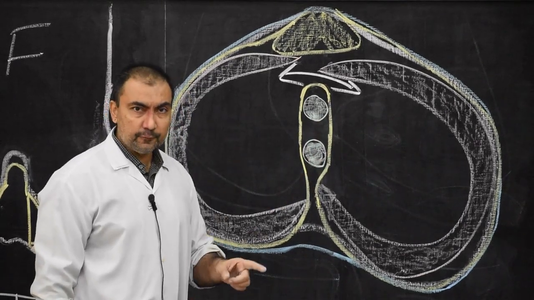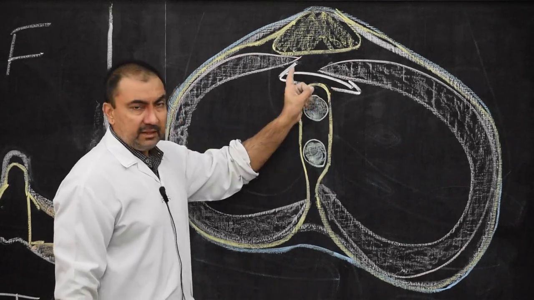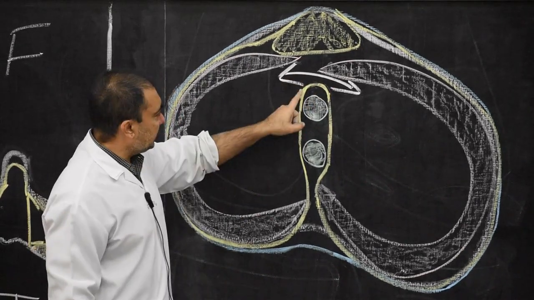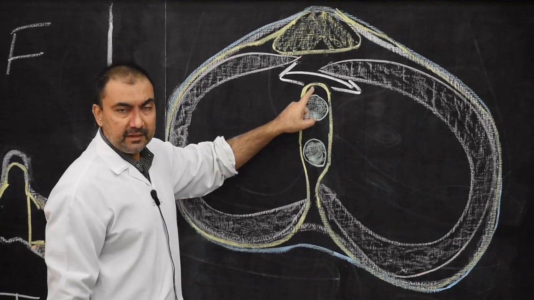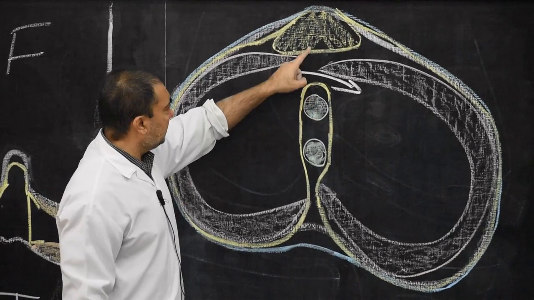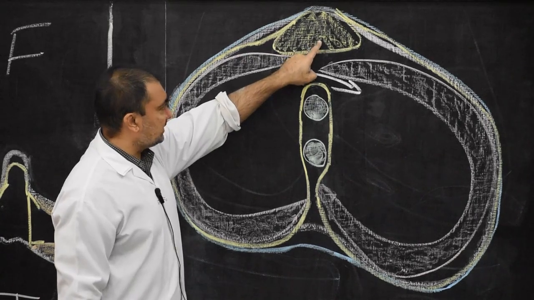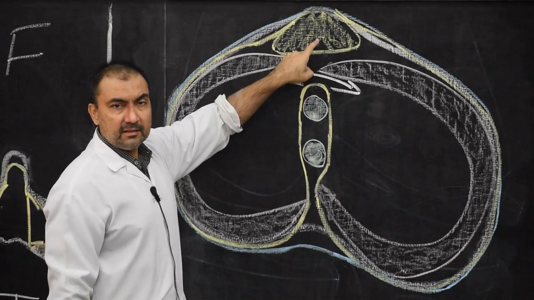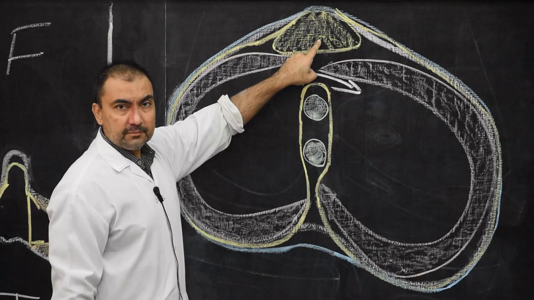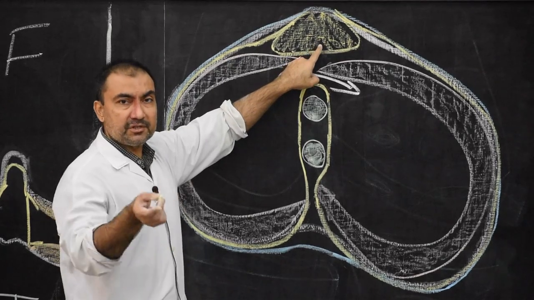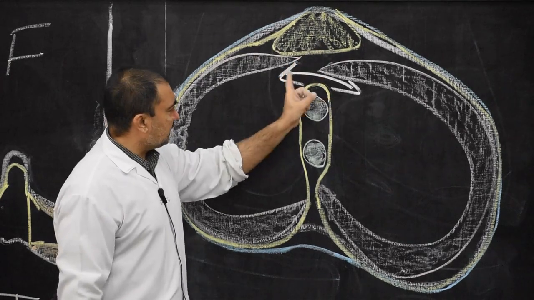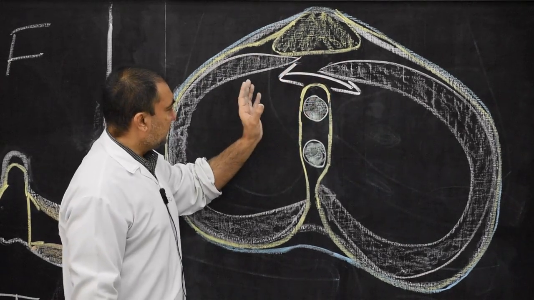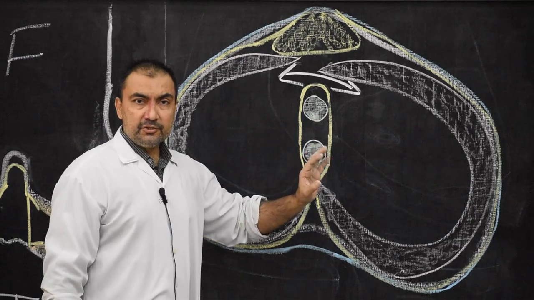So therefore, the boundaries of this intercondylar foramen: posteriorly, it is bounded by synovial reflection in front of the anterior cruciate ligament, and anteriorly it is bounded by this structure. This is known as the infrapatellar fold. This infrapatellar fold itself is a projection of synovial membrane which we have seen. So therefore, this is the intercondylar foramen which will communicate between the medial and lateral joint cavity.